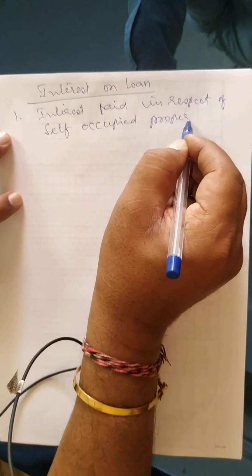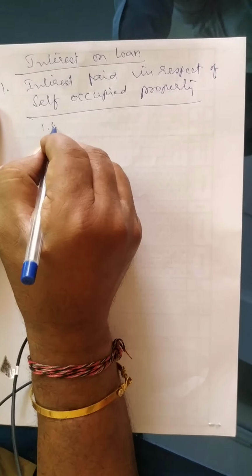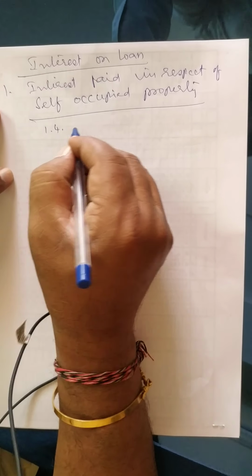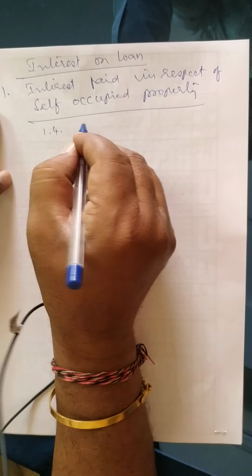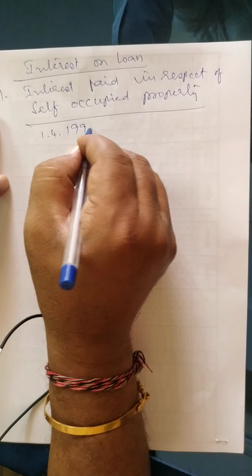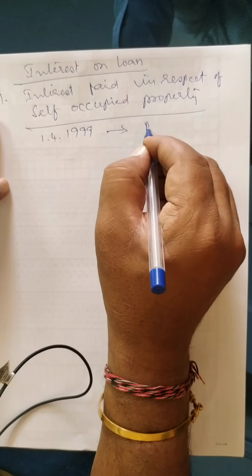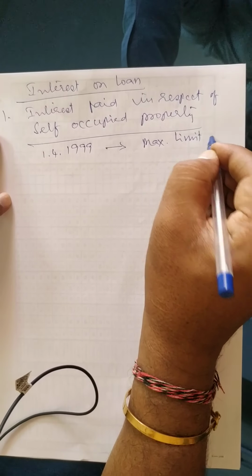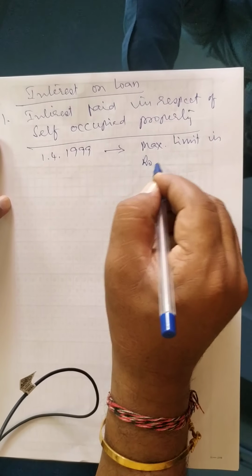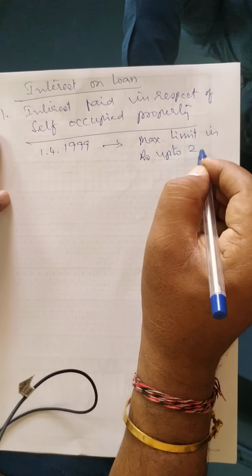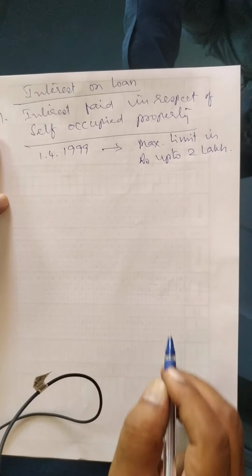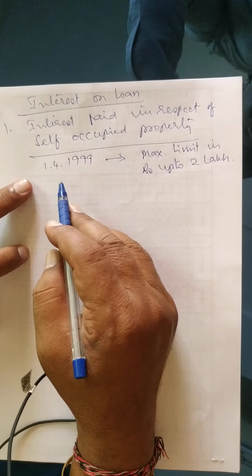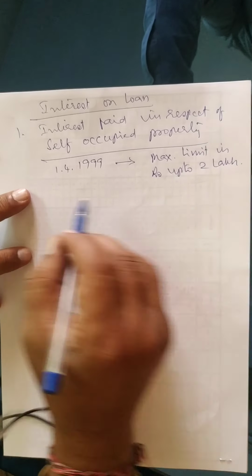In this case, if the loan is taken on or after 1/4/1999, the maximum limit is up to 2 lakh rupees.